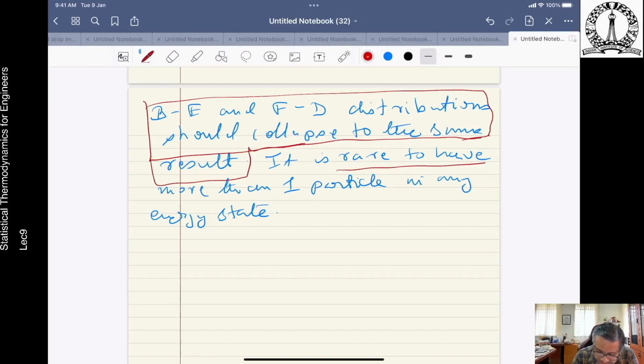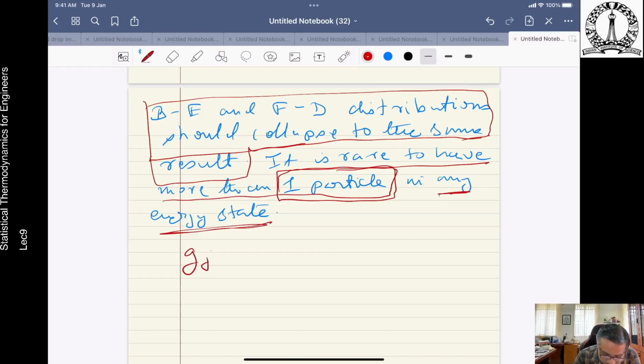It is rare to have more than one particle in any energy state. It is almost impossible. So for the dilute limit to be valid, Gj must be much, much greater than Nj. This is the criteria for the dilute limit.